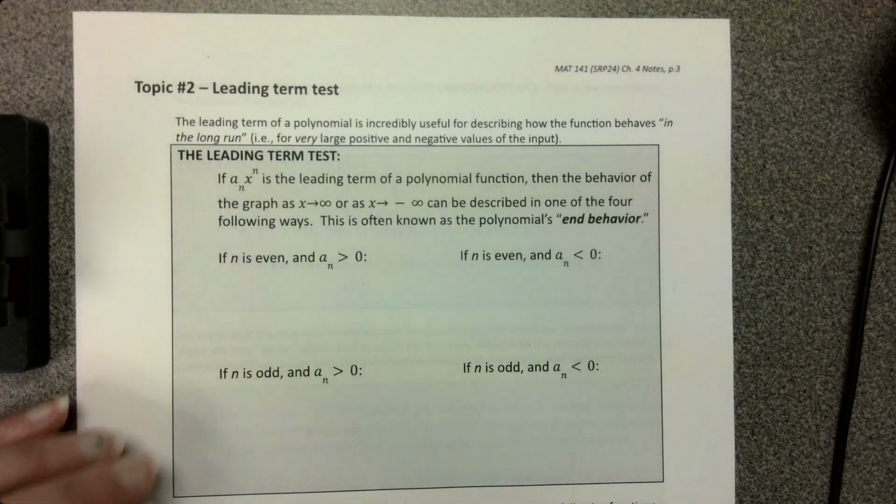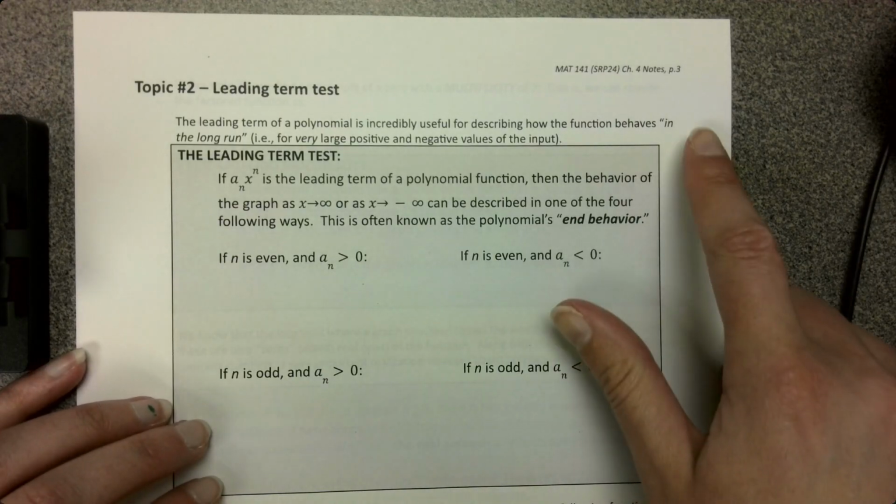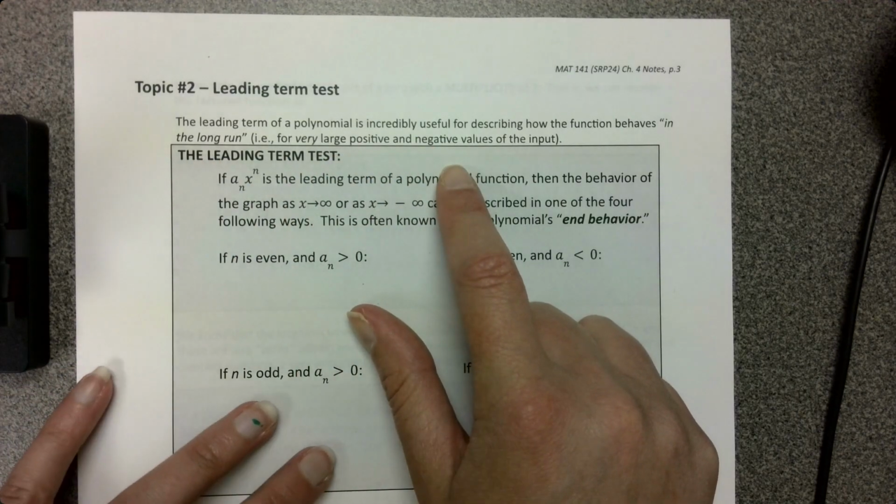Topic 2 is the leading term test. The leading term test is useful for describing how the function behaves in the long run, aka the ends of the function.